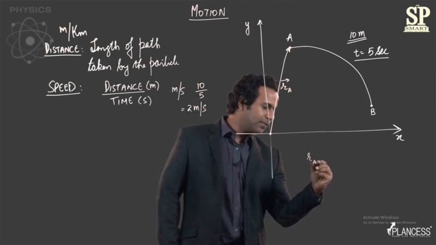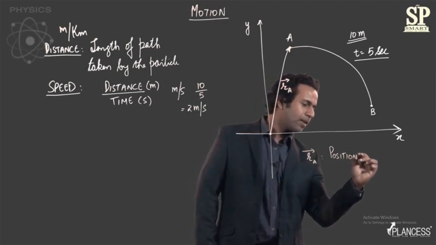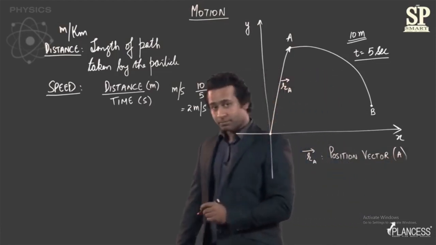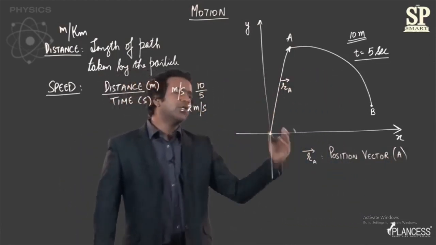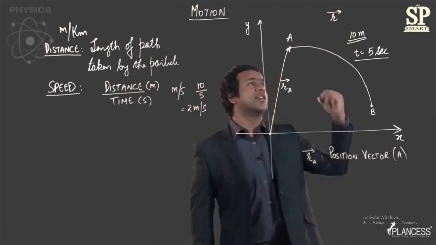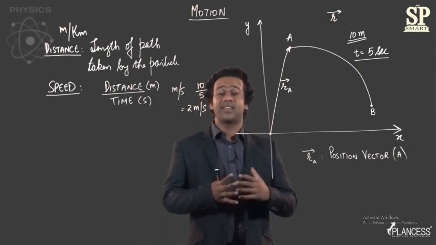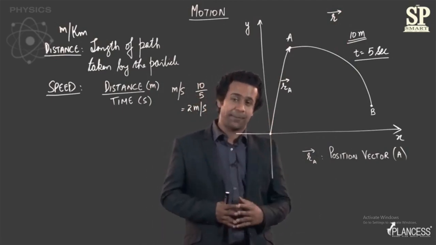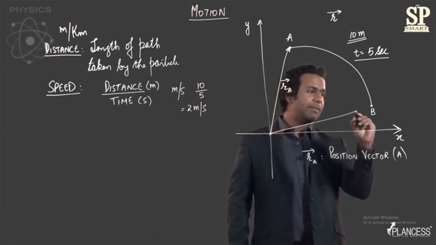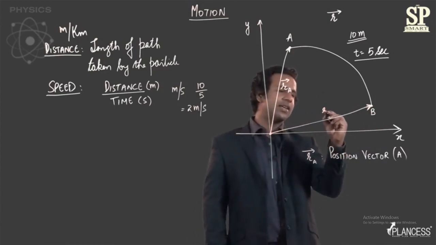So R_A, what I've drawn here, shows you the position vector for A. We usually use the symbol R to denote position vectors, and the subscript A indicates that this is the position vector of point A. Similarly, I could write the position vector for point B by simply joining a line from the origin up to point B, and this is the position vector R_B.